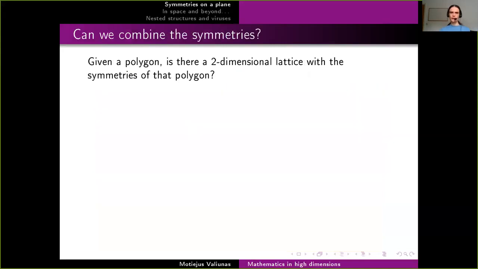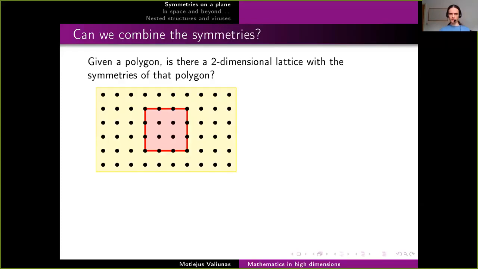So what can we have? Our question now is, given a polygon, is there some two-dimensional lattice, this grid of points, with the same symmetry? So we don't care that much about what kind of object we study, but we care about what symmetries it has. So for a square, the answer is yes.